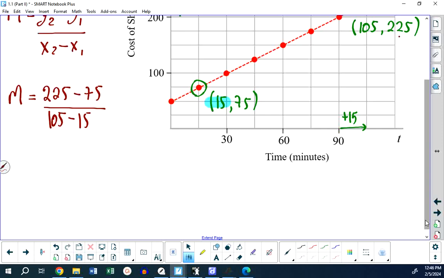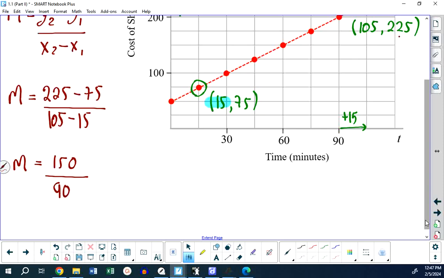Elijah, let us know what we get for the top when you subtract. 150? Okay. So we get 150 over, Ryan, what'd you get for the bottom here? So when we're just subtracting here, 105 minus 15. I'm just looking at just the bottom of this expression, not the whole thing yet. 90. Okay.